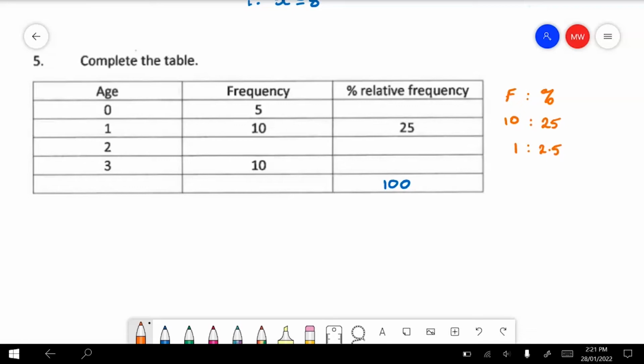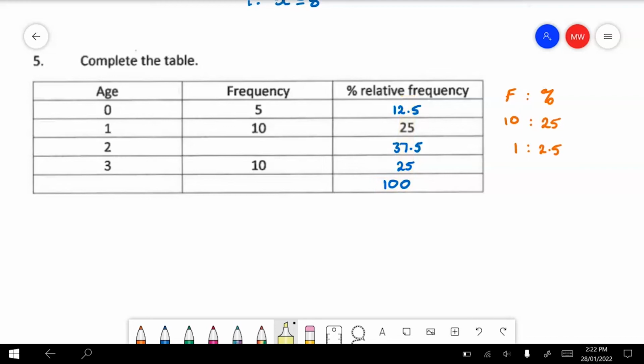So in other words, I'm going to start by applying a ratio to 5, okay? So if I've got a ratio of 1 to 2.5, I need to multiply 5 by 2.5, and so this will give me an answer here of 12.5. And if I apply that to 10, we know that's going to be 25. Now, I'm getting stuck here, okay? So running down the percentage or the relative frequency column like this, I can see that this value here has to be 37.5 because I need all of these values here to equal 100%.